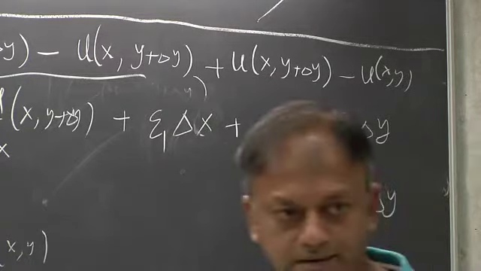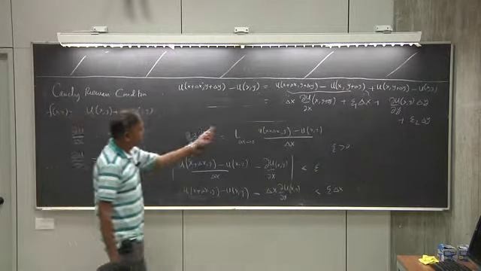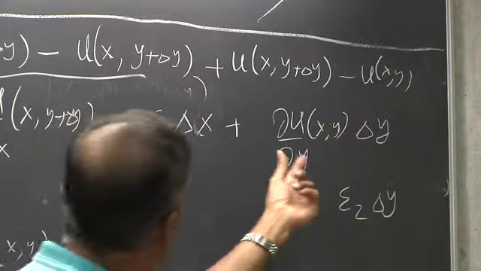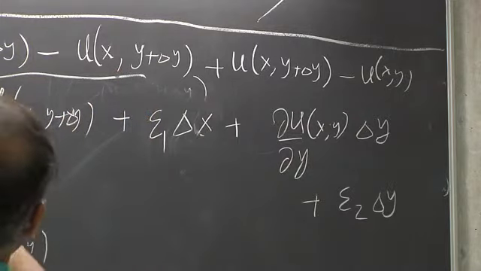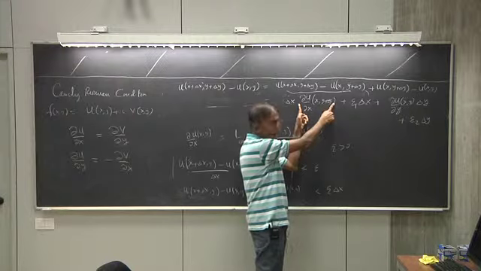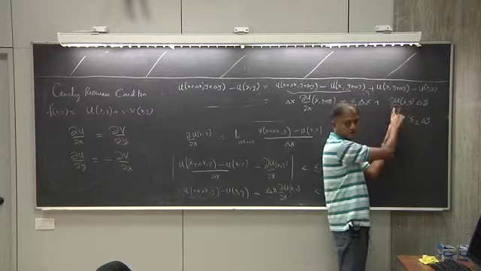As delta x goes to 0 and delta y goes to 0, if you divide this by delta x, that's exactly this quantity, du by dx. Similarly, if you divide this by delta y, that's exactly this quantity.